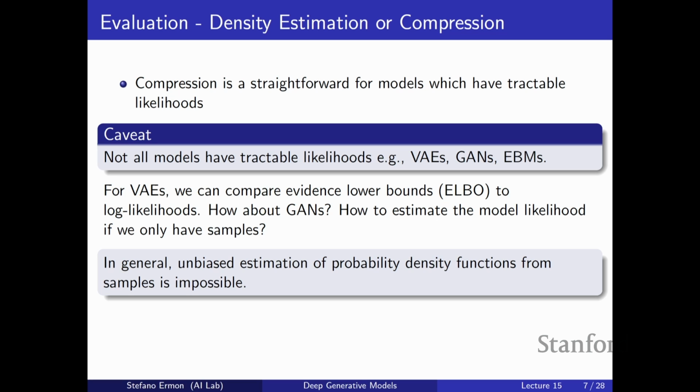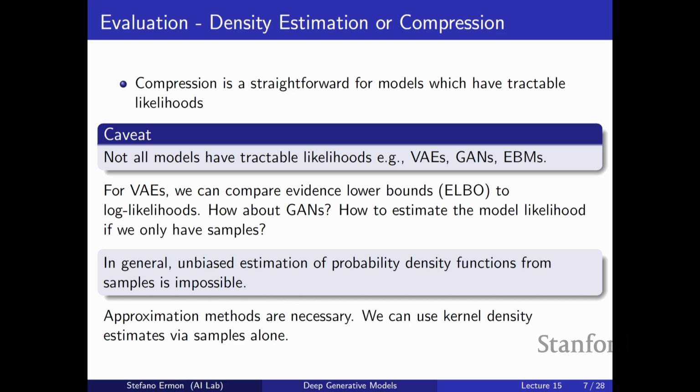Even if you can generate a lot of samples from the GAN, it's tricky to figure out the underlying probability density function. Typically you have to use approximations, and one that is pretty common is called kernel density estimation, which allows you to get an approximation of the underlying probability density function given only samples from the model.